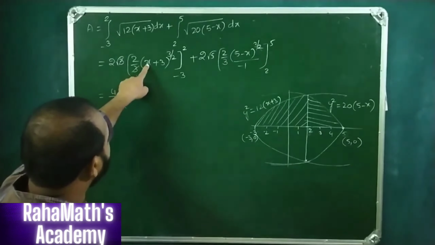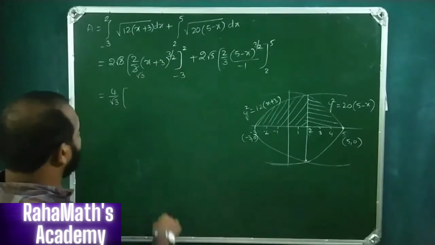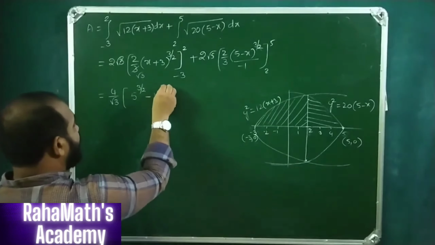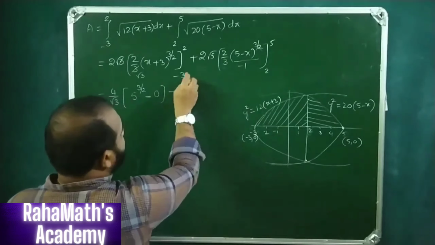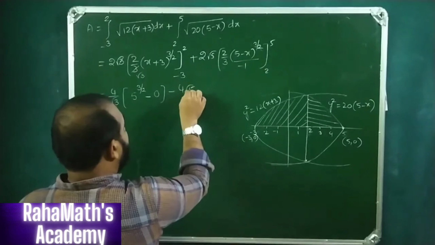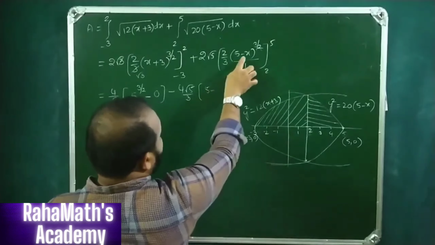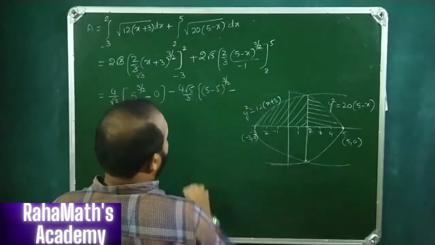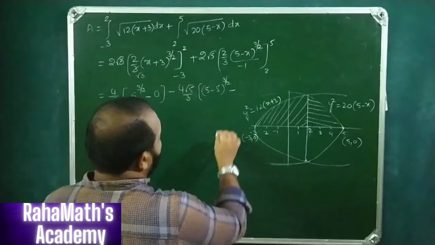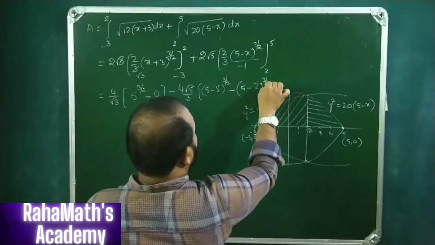So x value is 2, 2 plus 3, 5 power 3 by 2, minus lower limit. x is minus 3 plus 3, so it will be 0. 4 power 3 by 2 is 0. This is plus into minus, so minus 2 2s are 4 root 5 by 3 into here 5 minus upper limit x, x is 5 power 3 by 2, minus lower limit, 5 minus x value is 2, whole power 3 by 2.